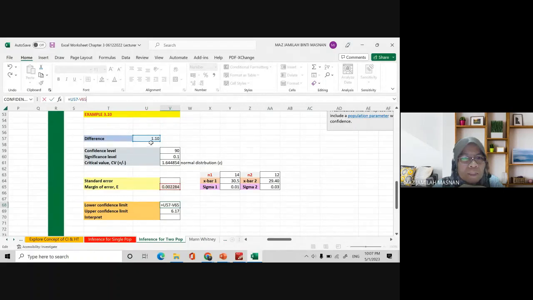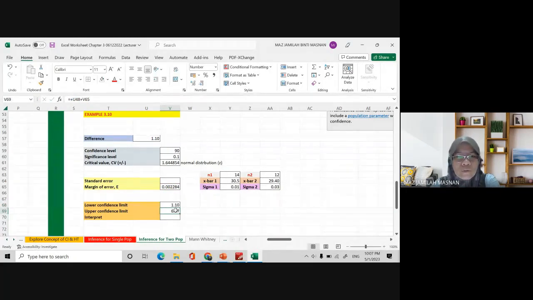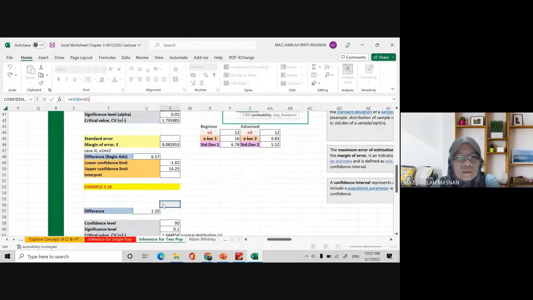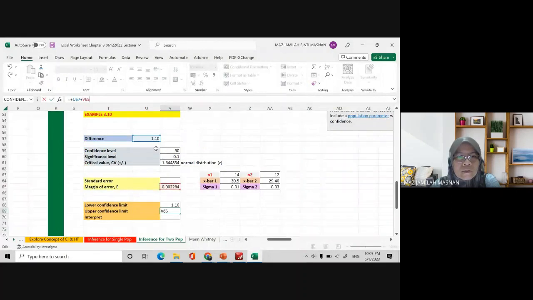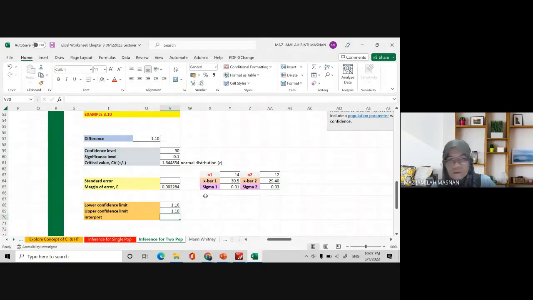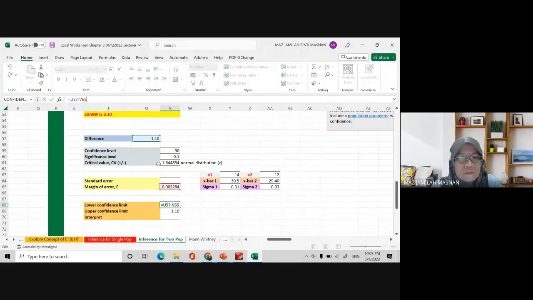The difference is U57 minus V65. Correct, so you get 1.1. Another one is the difference plus the margin of error. Is there anything wrong? 1.09, 1.11. Let us use 4 decimal points just to be sure.